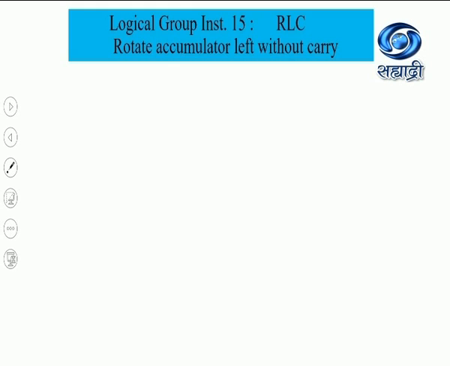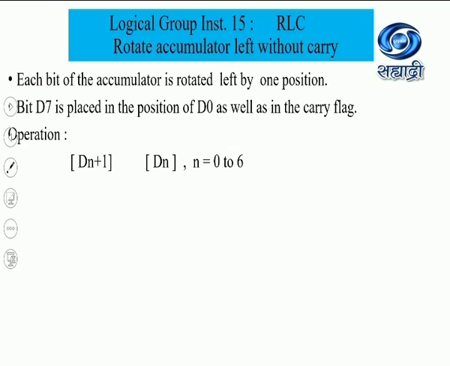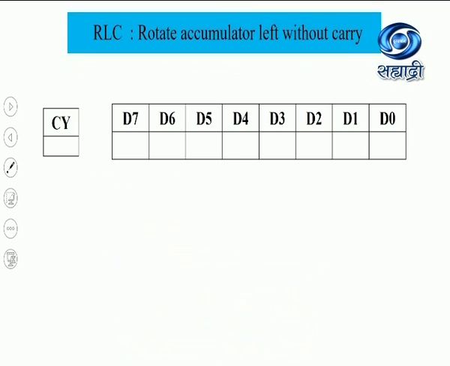Like rotate right, there is an instruction rotate accumulator left without carry, RLC. So each bit of accumulator is rotated left by one position. Dn goes to Dn plus 1 position where n takes value from 0 to 6. D7 goes to D0 and D7 goes to carry also.